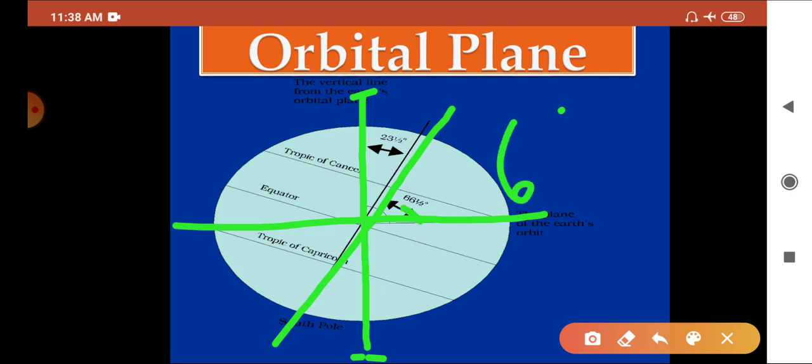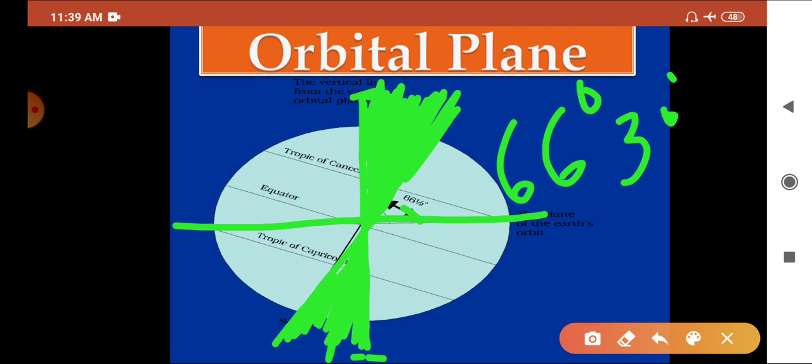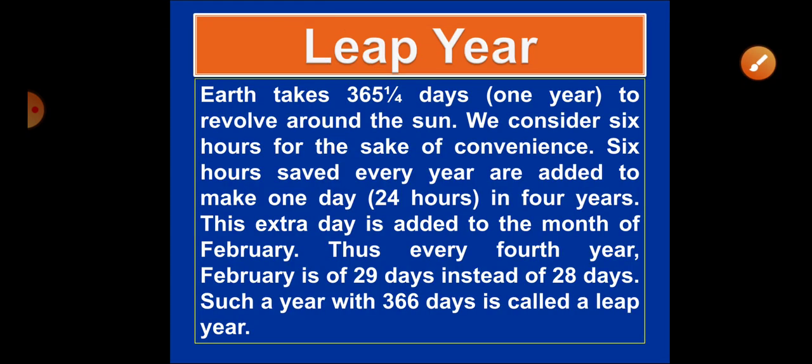Here 66 degree 30 minute, because our earth is tilted 23 and a half degrees towards the sun or poles. This portion is the tilted position, this 23 degree. Okay, coming to our next slide, leap year.